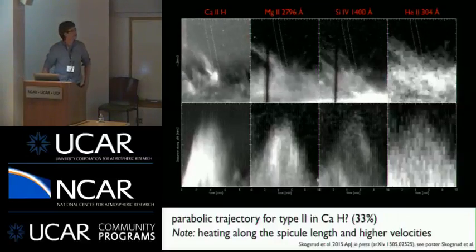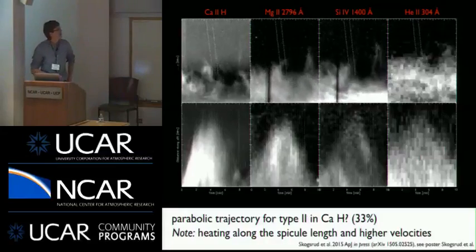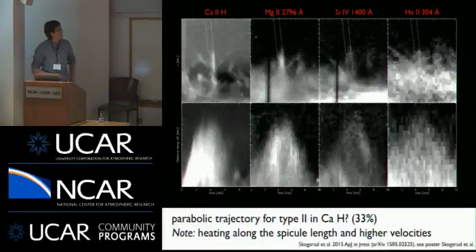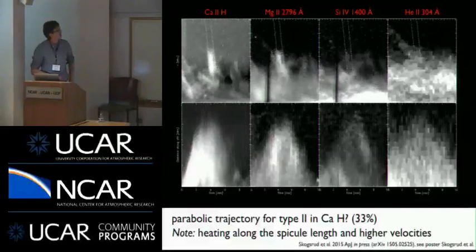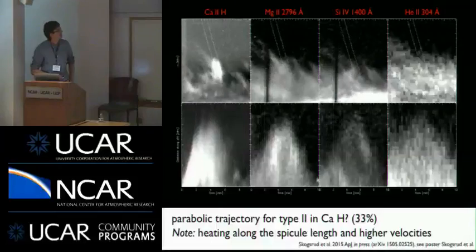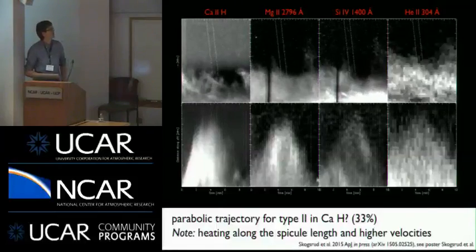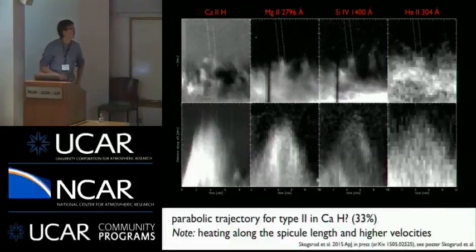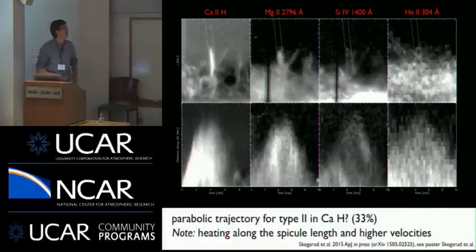If we now go back to the observation at the limb. So here is one example of a spicule, and we can see a clear parabola for all the four channels.